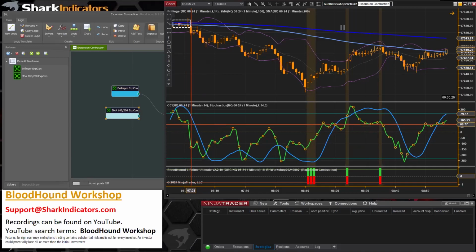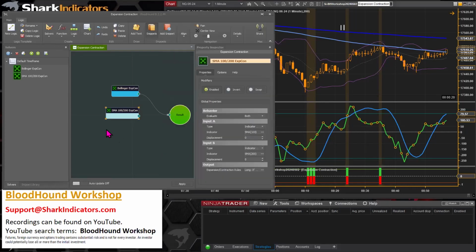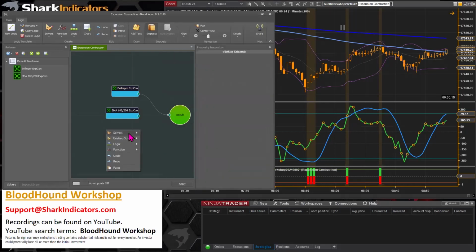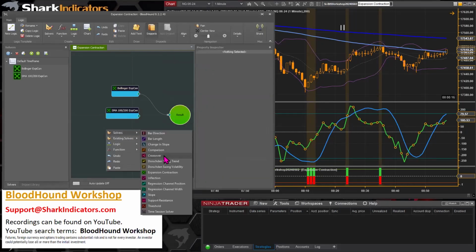So they might be close enough where the expansion contraction may work, but I wouldn't expect it to be very reliable because of the value difference, from the stochastics being limited between 0 and 100, right?